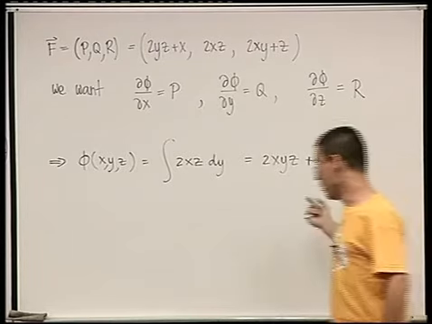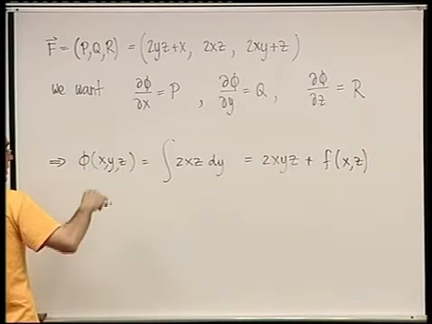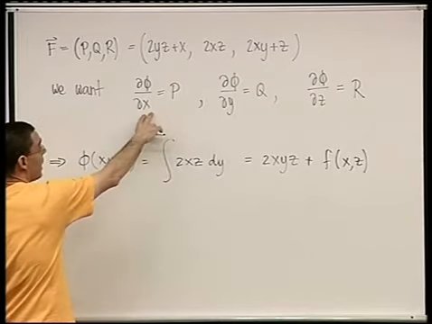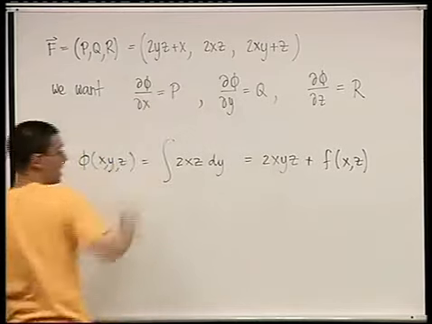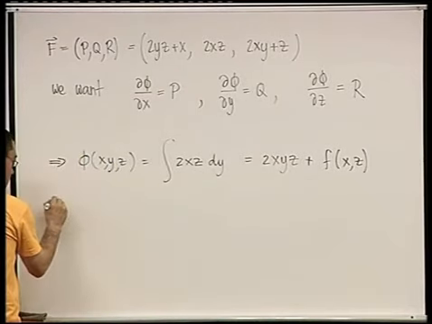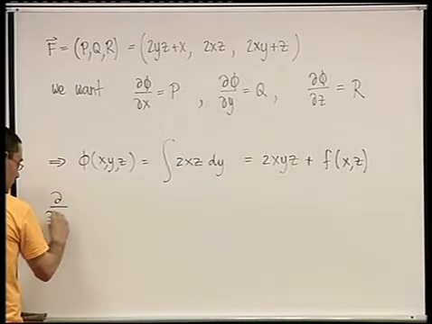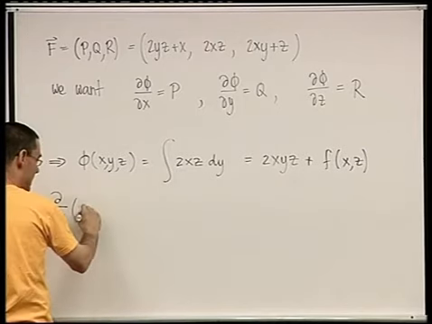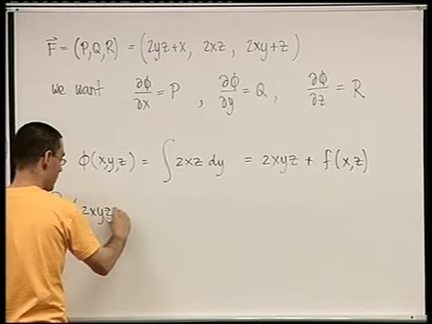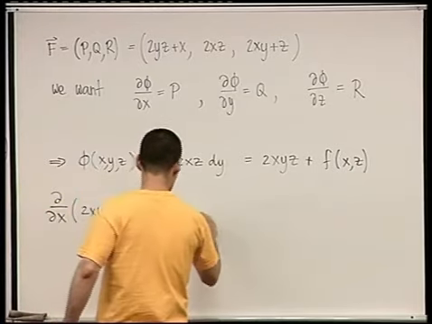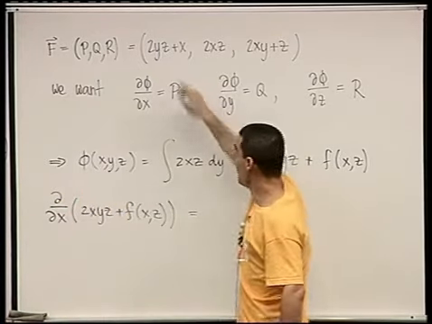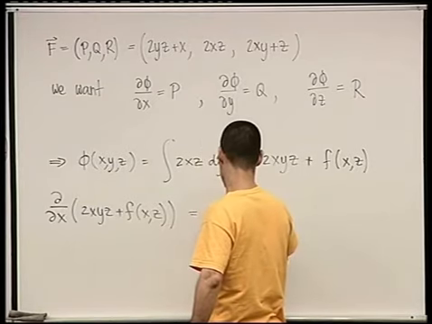Okay. Now what do I want to satisfy? I wanted the derivative, let's do this one now. The derivative of phi with respect to x has to be equal to this. So d/dx of our candidate for phi, 2xyz plus f of x and z, has to equal 2yz plus x.